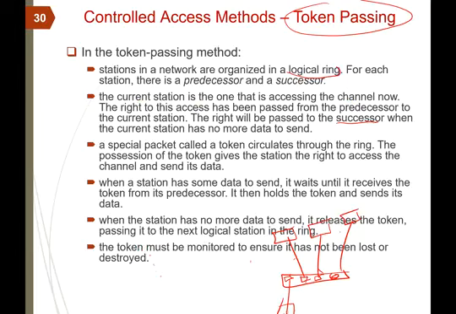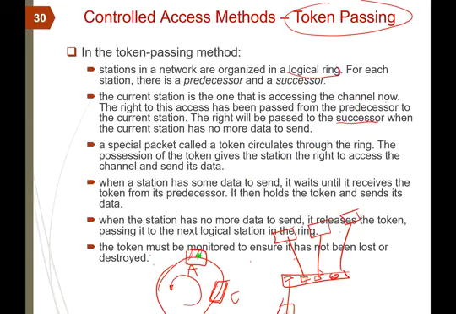The current station is the one that is accessing the channel. So if station A is accessing the channel, it's the current station. The right to this access has been passed from C. C was the current station before, but it finished sending data, then it passed the right to station A. Now station A controls the channel.